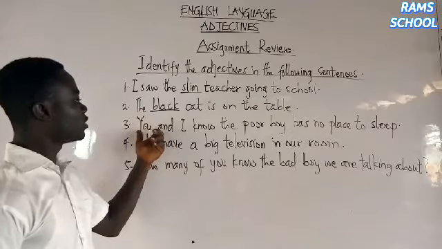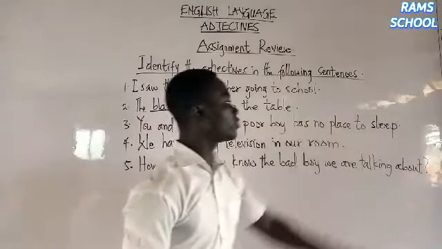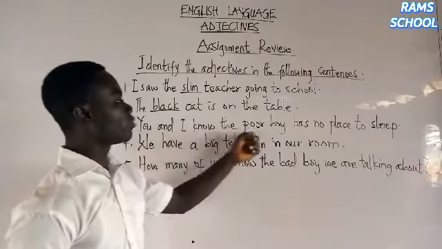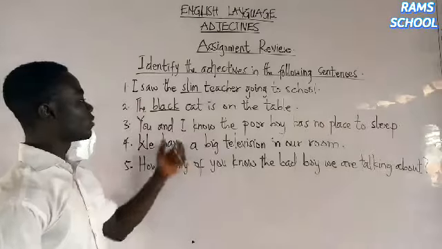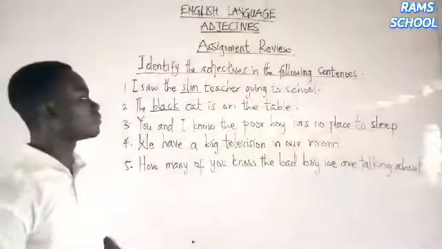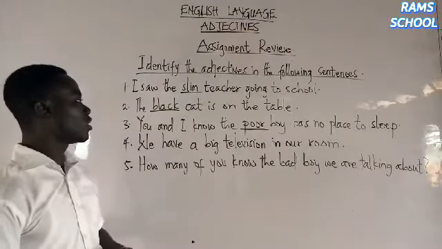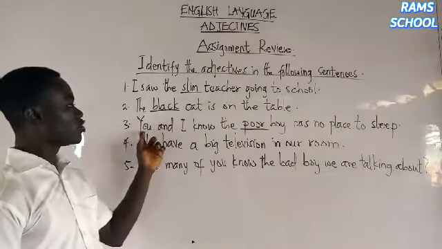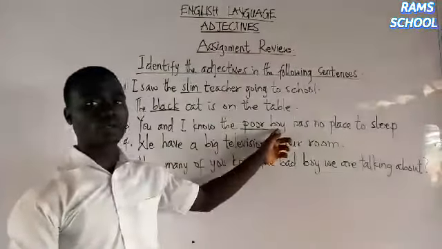Number 3. You and I know the poor boy has no place to sleep. What is the adjective here? Poor, right? You are correct. But what is the poor being used to describe? Is it being used to describe the you and I being the pronouns, or the boy?